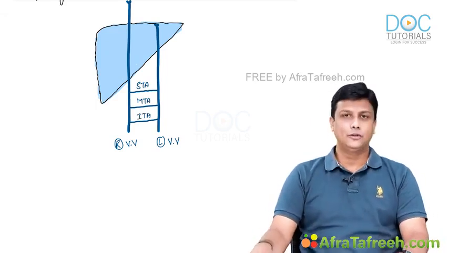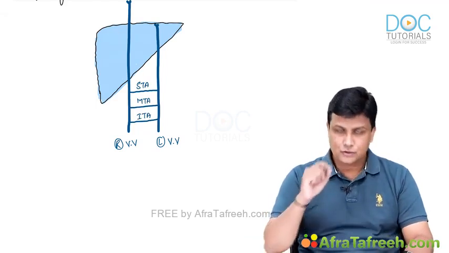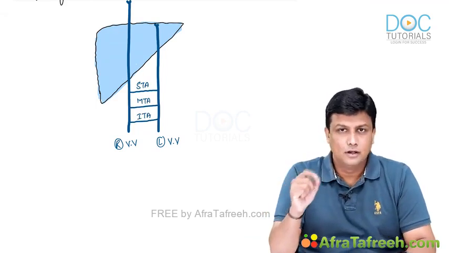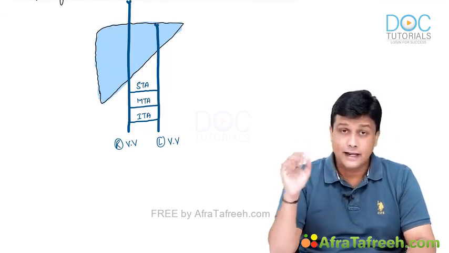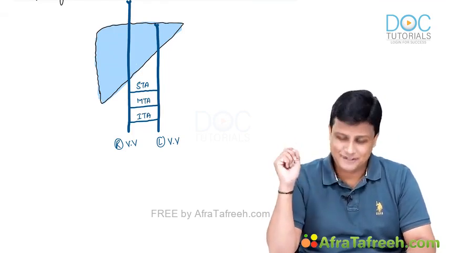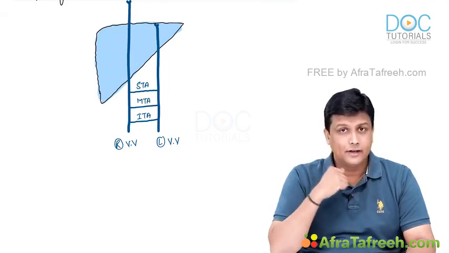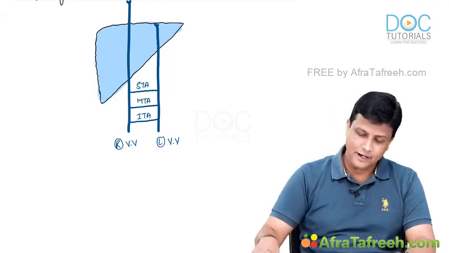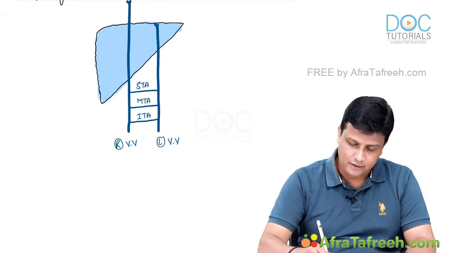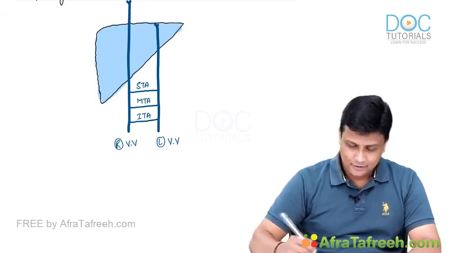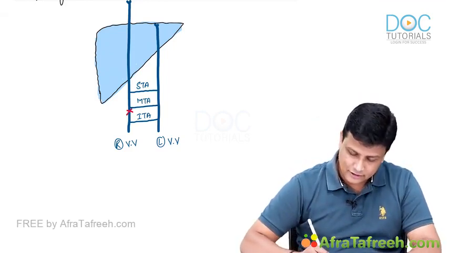Request you to write down the full form somewhere else. All these three anastomoses are formed here. Then what is the further development? Everything below the middle transverse anastomosis is degenerated, gone.